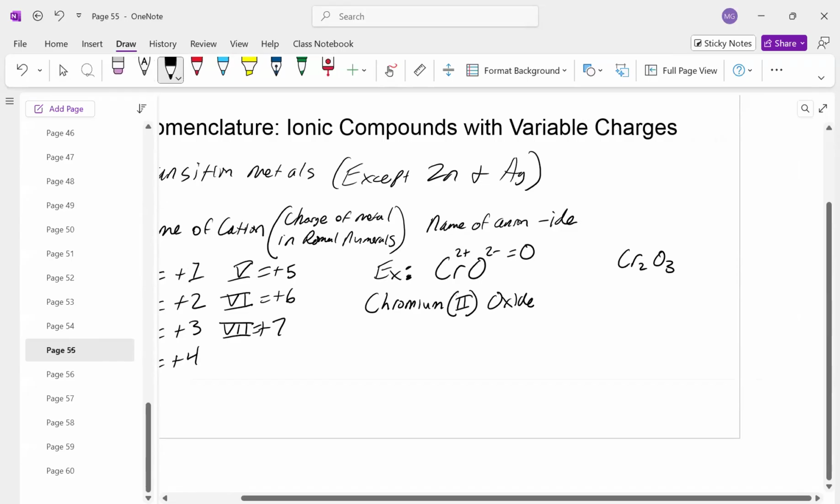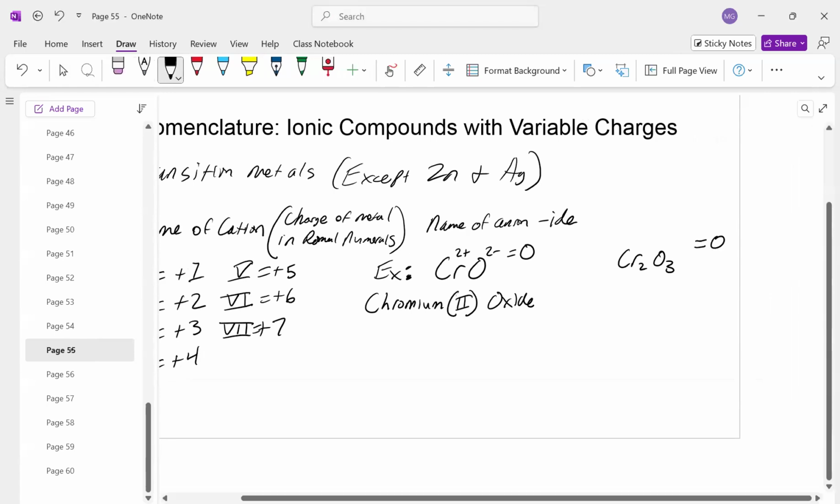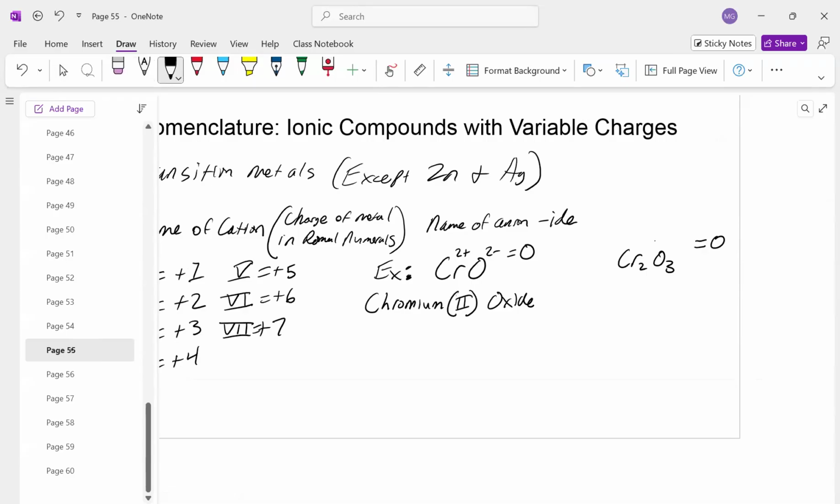Okay, let's look at Cr2O3. So I know again, the whole charge has to add up to 0. Oxygen's always -2, or almost always -2. There's 3 of them, so that means the whole negative side is -6.